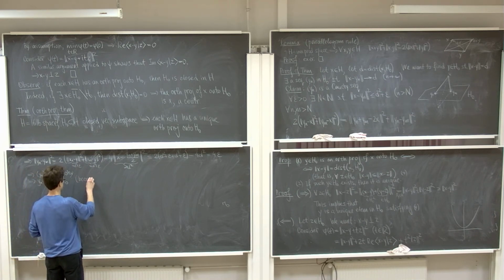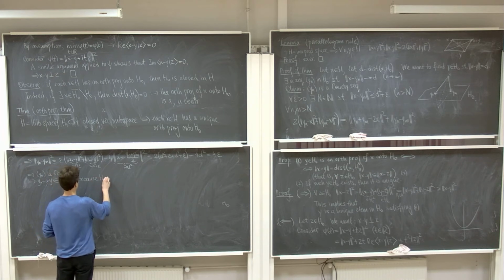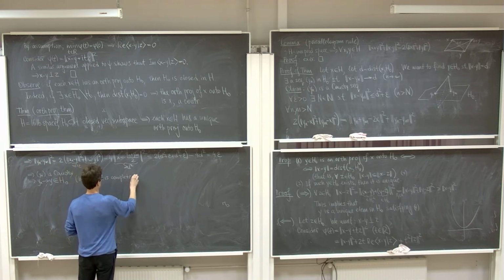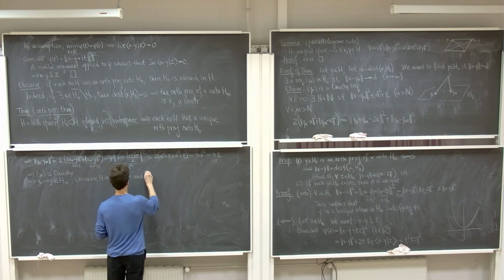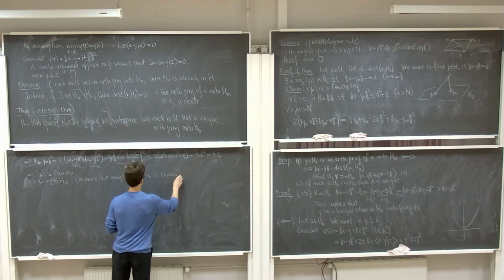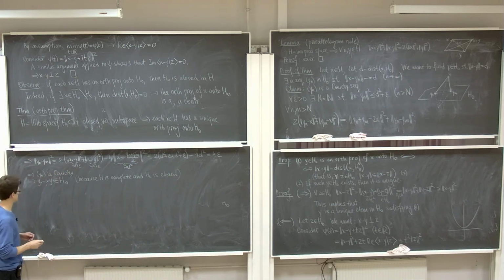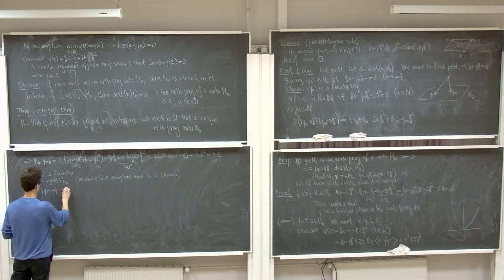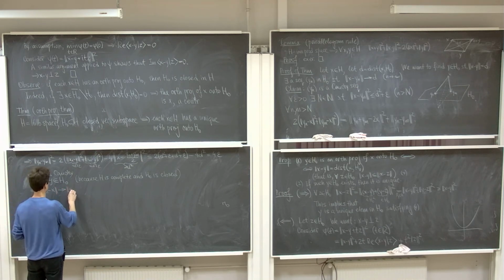So we have convergence because H is complete, and the limit will be in H0 because H0 is closed. So this implies in particular that yn minus x goes to y minus x.